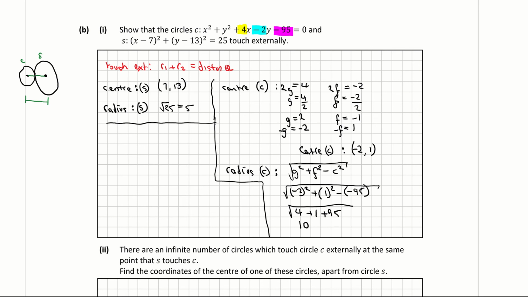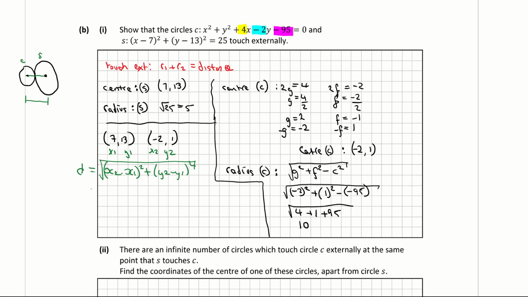What I now need to do is get the distance between the 2 points. So I'm going to get the distance between the centers. The centers here again are 7, 13 and minus 2, 1. And I'm going to label them x1, y1, x2, y2. Putting them into my distance formula, the square root of x2 minus x1 all squared plus y2 minus y1 all squared.